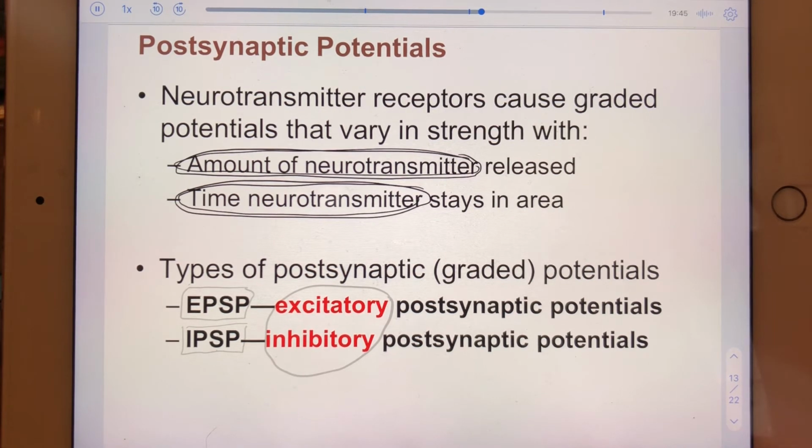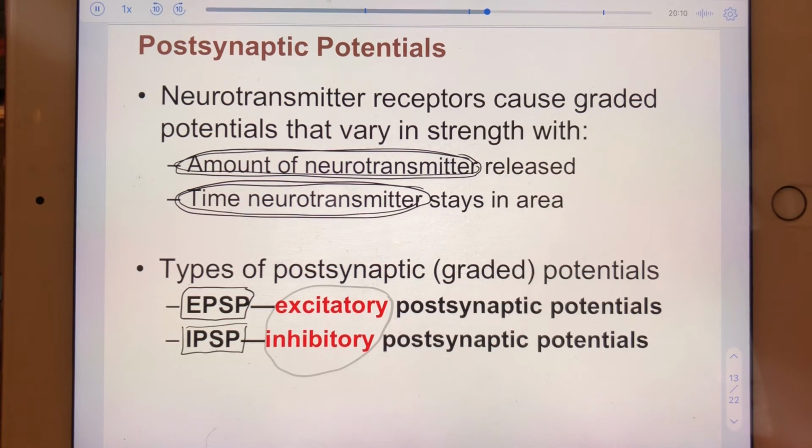Again, graded potentials can be excitatory or inhibitory. Unfortunately, there's this abbreviation used in your textbook, EPSP, which stands for excitatory postsynaptic potentials. It simply means that a graded potential excites the postsynaptic neuron.